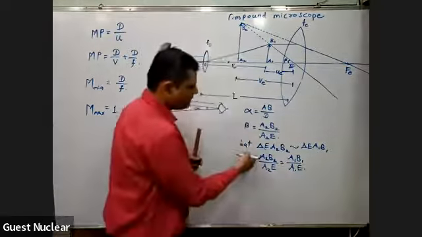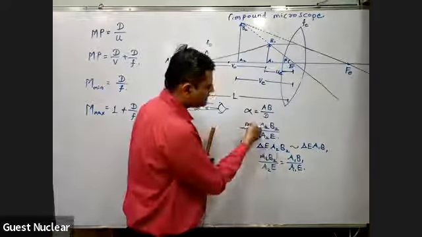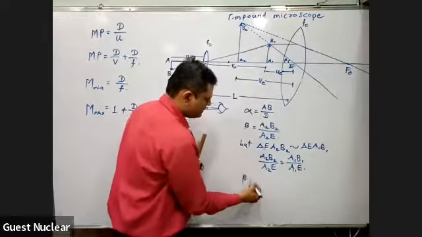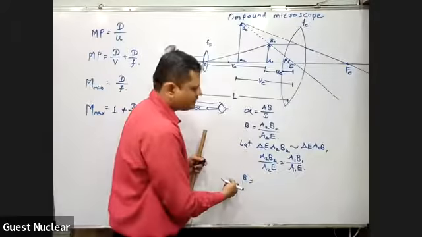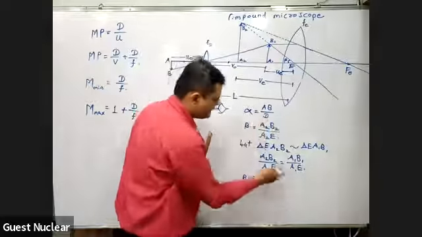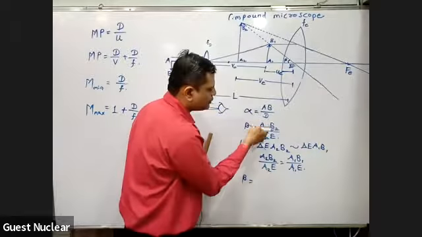Okay, so if we use this similarity, then we can find the new equation for beta. So what is the final value of beta? Beta can be written simply as A1B1 upon A1E, instead of the ratio A2B2 upon A2E.